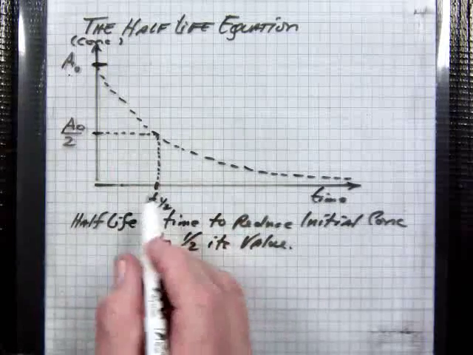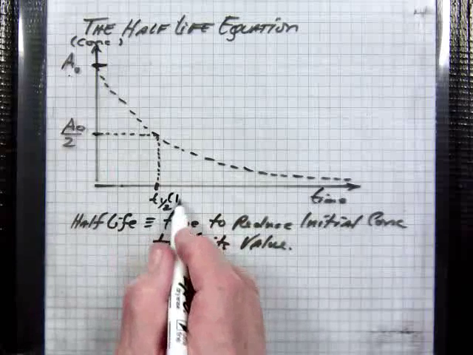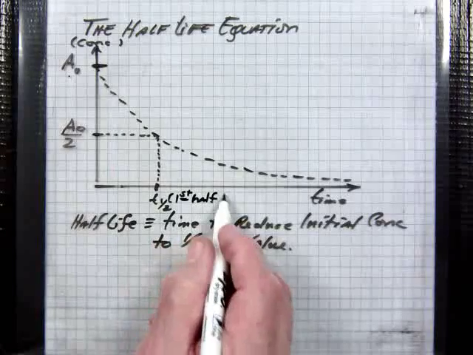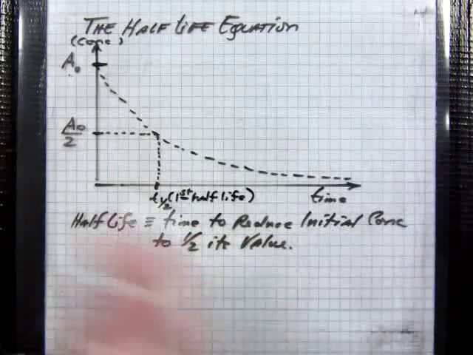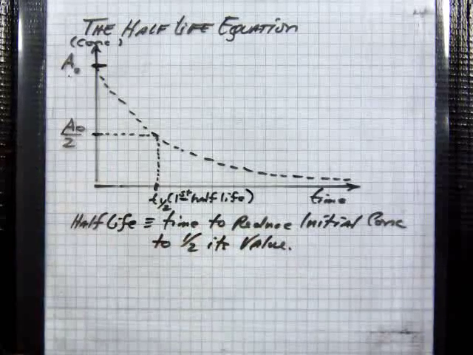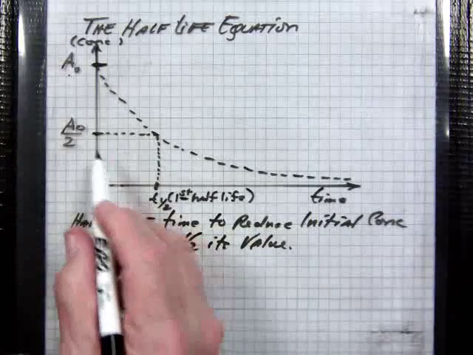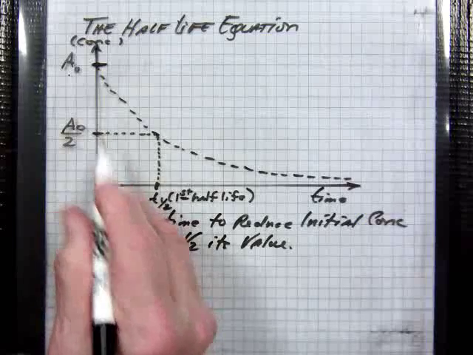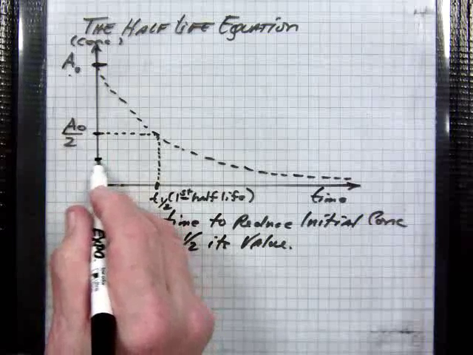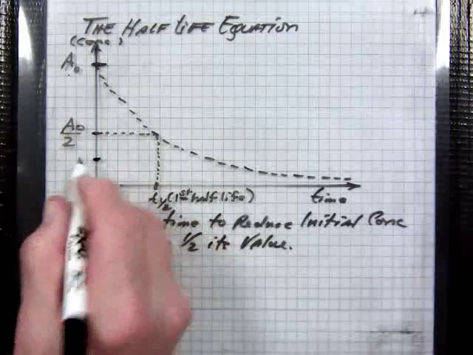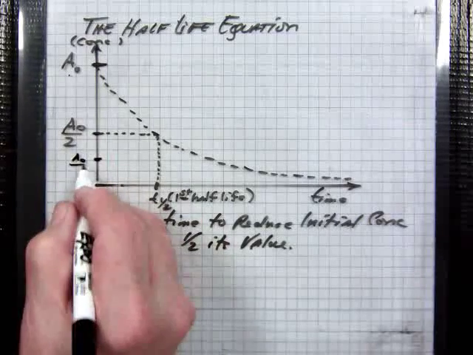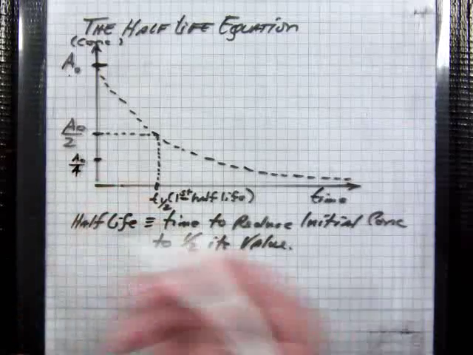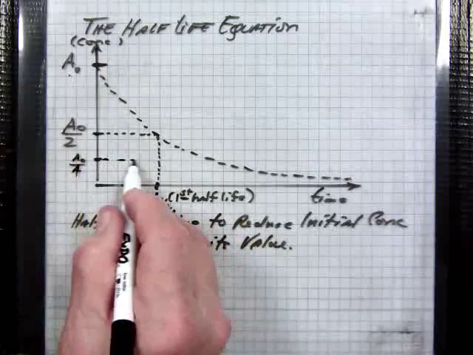This is called the first half-life, right there, or just T1/2 1. Now, if you cut to the second one, right there, that's 2 half-lives, or A naught over 4. So you're taking half of the next half. And so that's the second half-life.